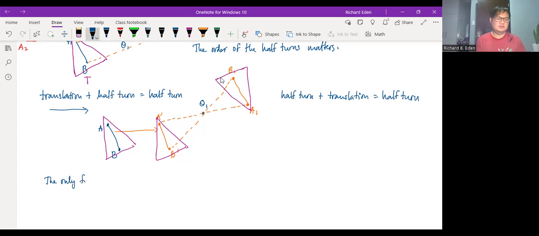The only fixed point of a half turn is, wait. It is the points that are collinear with the, oh wait, no, whatever. It's on the points that are on the axis. Wait a moment. What axis?